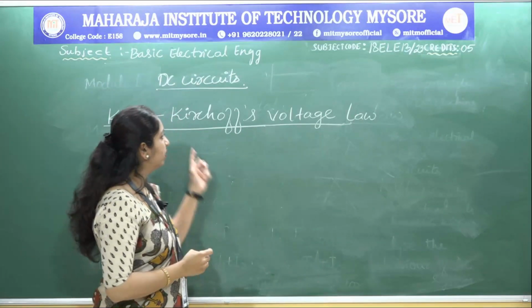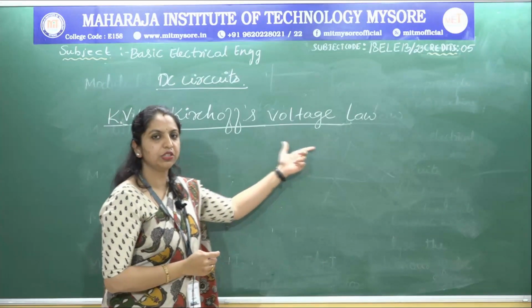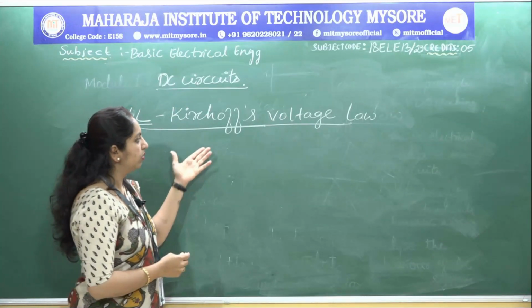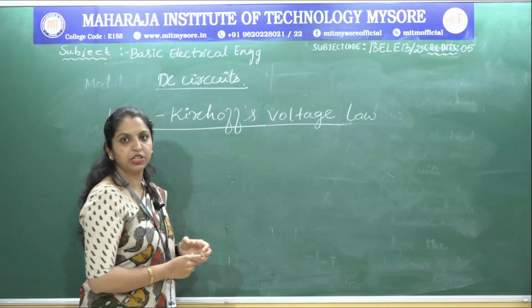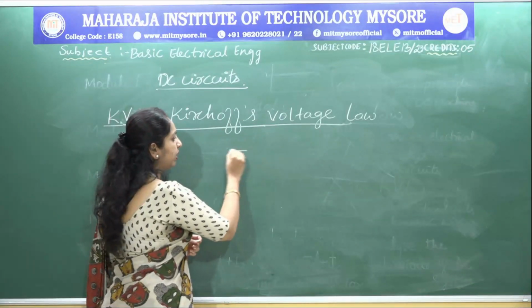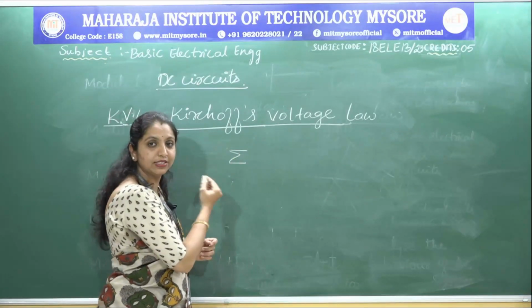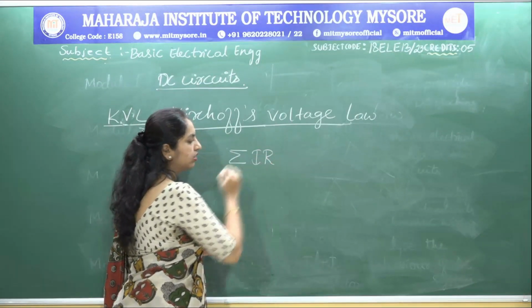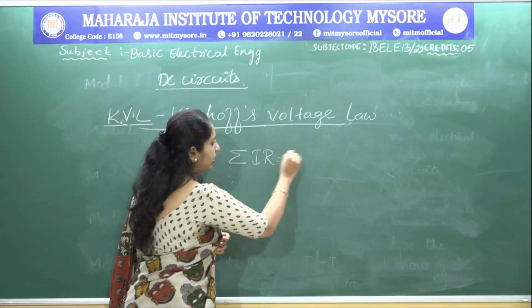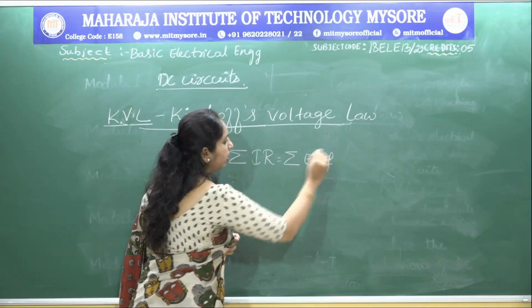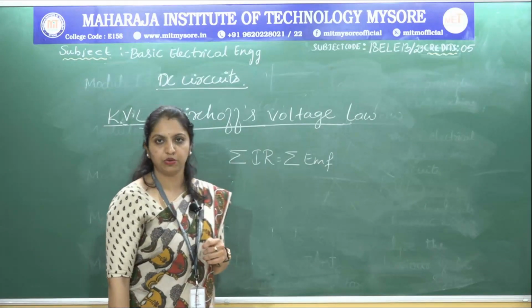Next we have Kirchhoff's voltage law. In short form we call it KVL. Now let's look at the statement of Kirchhoff's voltage law. The algebraic sum of the product of current and resistor is equal to the algebraic sum of EMF in a circuit.